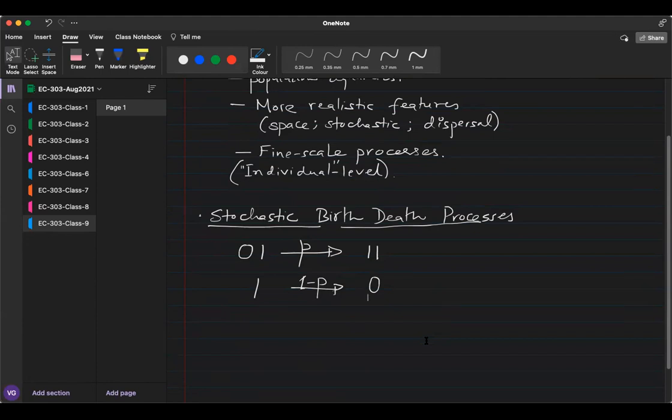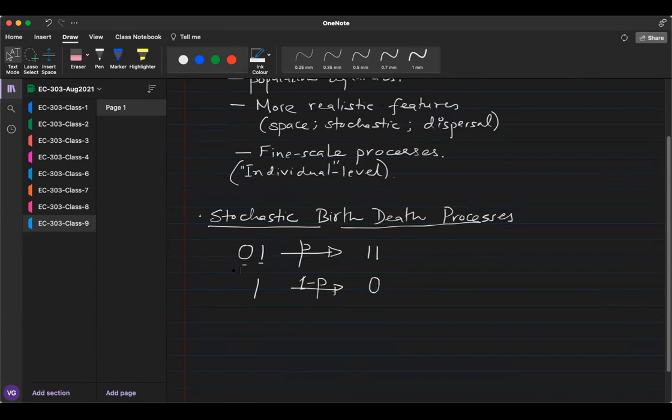Now I said if you choose two individuals randomly, and if they happen to be 0, 1, meaning one of them an occupied site and the other unoccupied. So of course, I have to be a bit more precise.